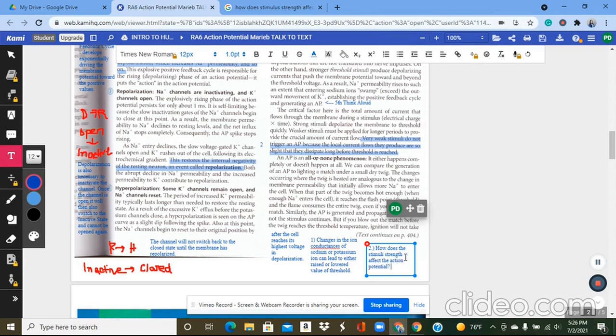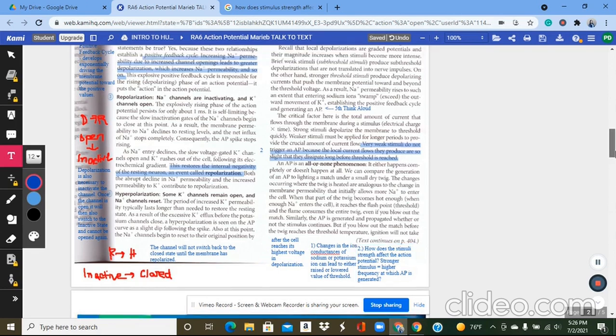Would it mean that a stronger stimulus equals a higher frequency at which an AP is generated? So that is a question that I'm curious about when reading that statement about very weak stimuli not triggering an AP.